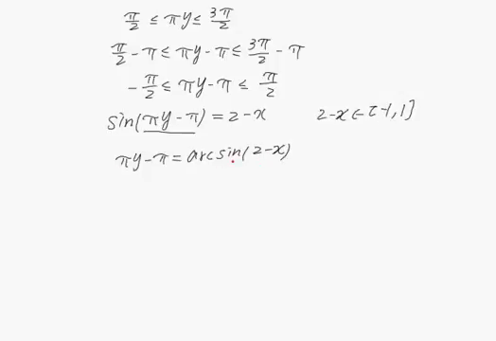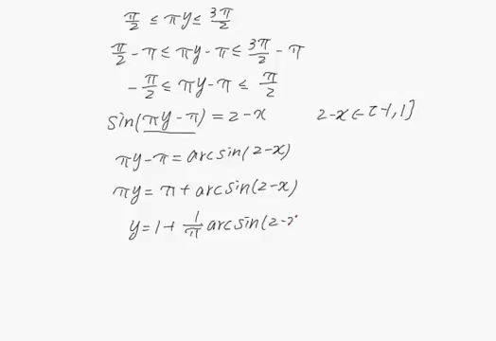And then from here, you add pi to both sides, you have pi y equal to pi plus arc sine of 2 minus x. Then you divide both sides by pi, you have y equal to 1 plus 1 over pi times arc sine of 2 minus x.